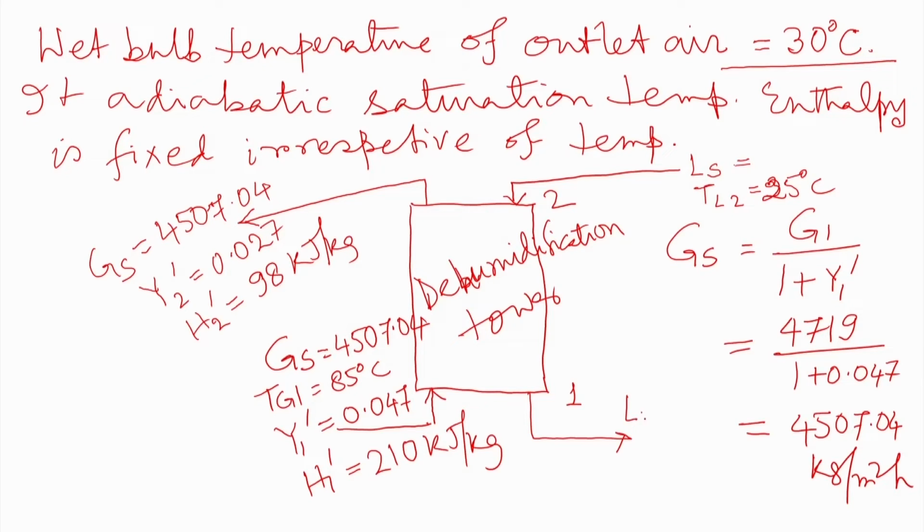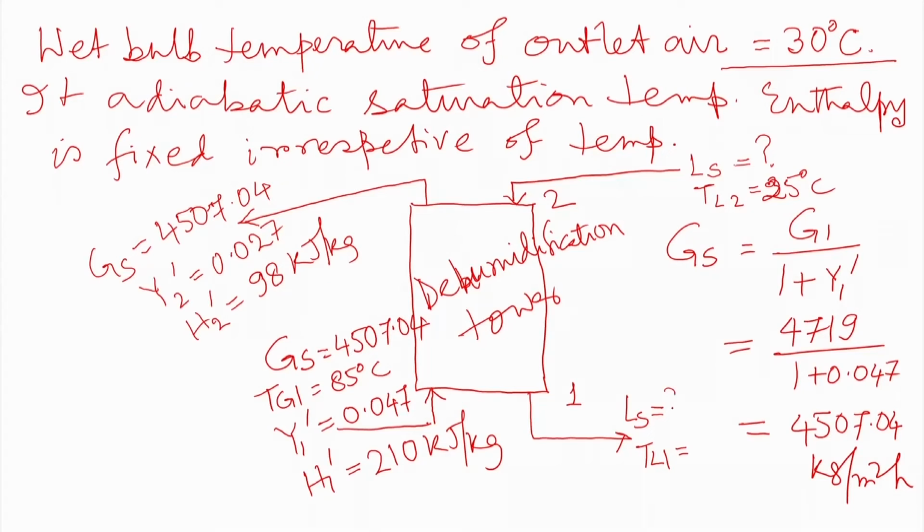The liquid flow rate we do not know yet, because we need to find the minimum water flow rate and then multiply it with 1.4 times to get the liquid flow rate. We also do not know TL1, the outlet temperature of the water coming out from the bottom of this dehumidification column.